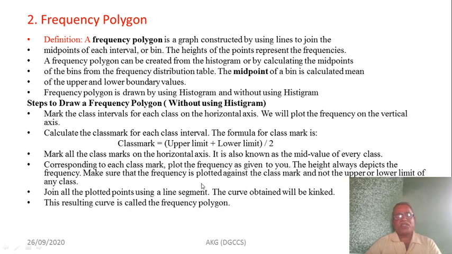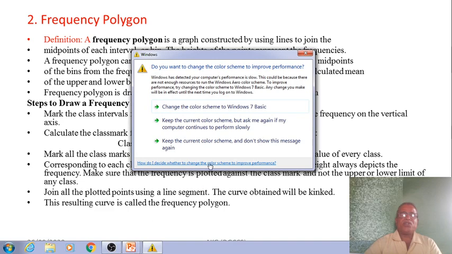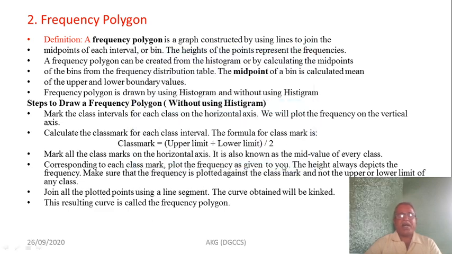Look at the value of the midpoint on the x-axis and the height as the frequency; its corresponding point on a coordinate, mark this point. And for all the midpoints of the classes and their corresponding frequencies, mark all the points on graph paper and join these points by a straight line.